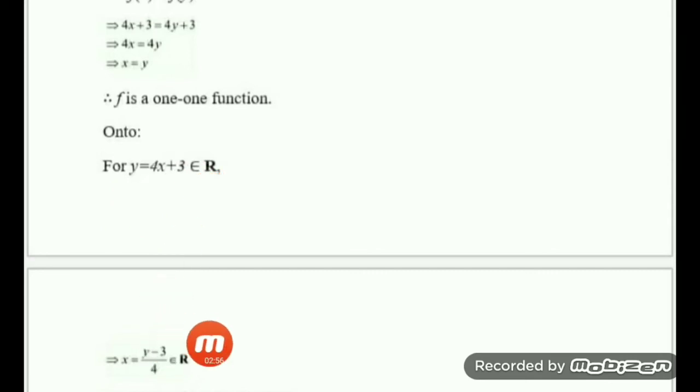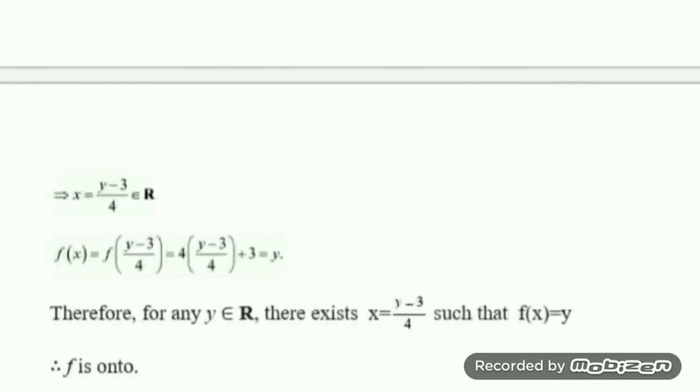Now let us verify whether this is a real number or not. That is very important to check. Does it belong to R or not? If it belongs to the given set, then only you proceed further. Otherwise, you can stop here. As we know, y is a real number. The difference of a real number with 3 is a real number, and divided by 4 is a real number. So we can conclude that this is a real number.